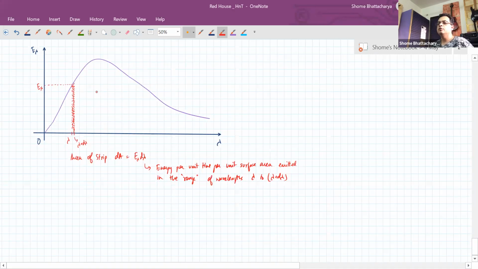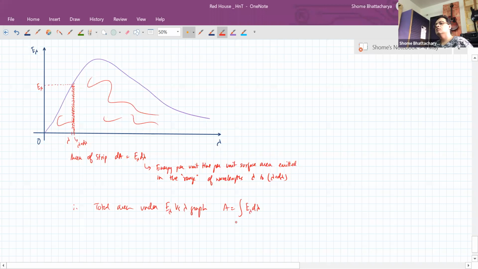So now if we integrate these strips and find this total area, the total area under the E lambda versus lambda graph becomes nothing but the total emissive power.